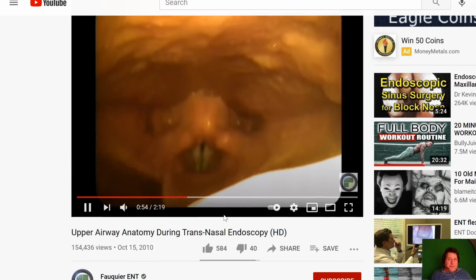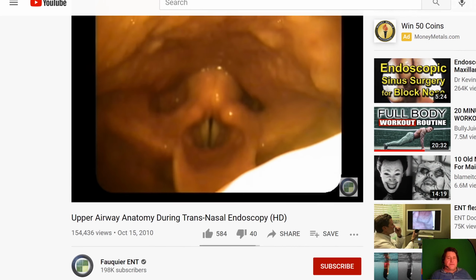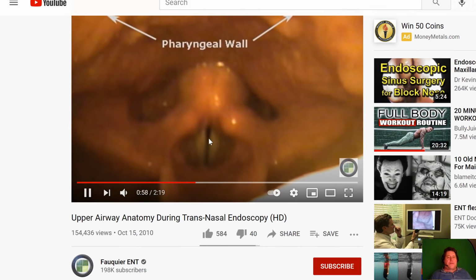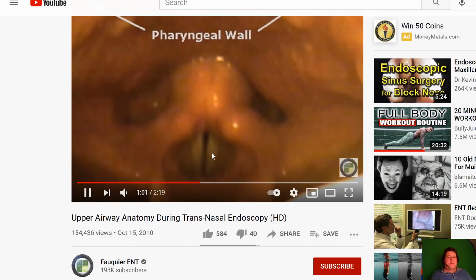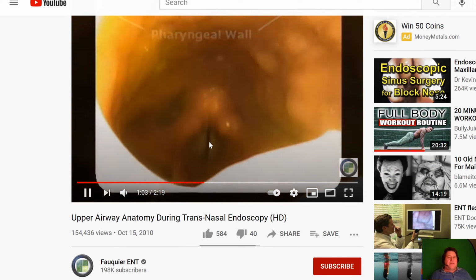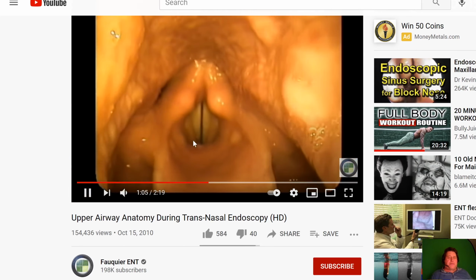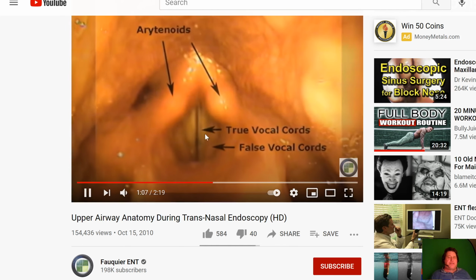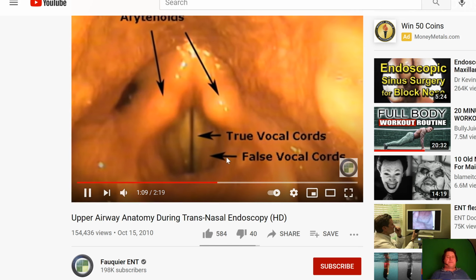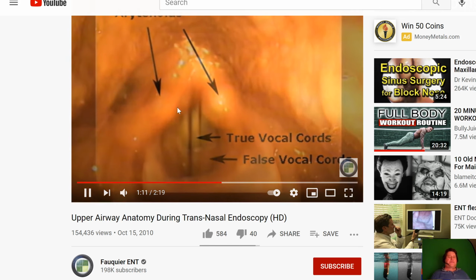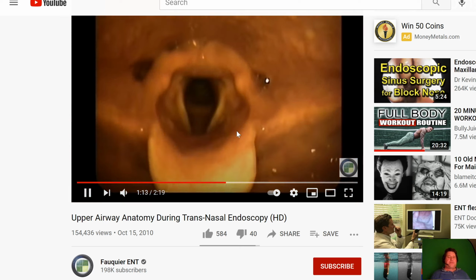You can see when somebody speaks, the vocal cords are squeezed together. Okay. And if someone brings their voice up, she's bringing her voice up, it stretches them, right? So here you're looking at arytenoids, moves them together.